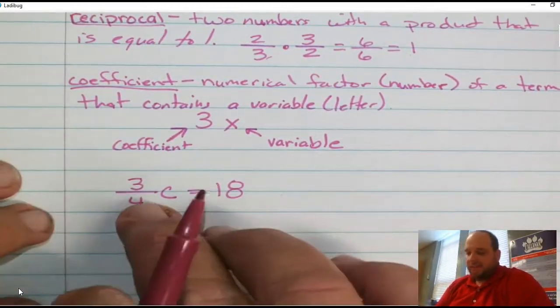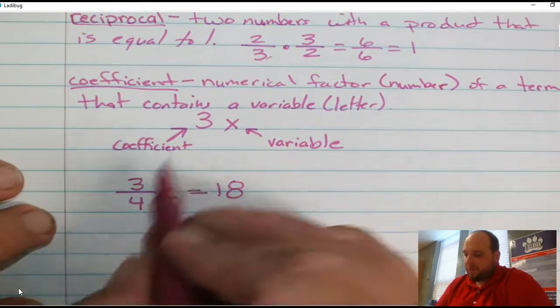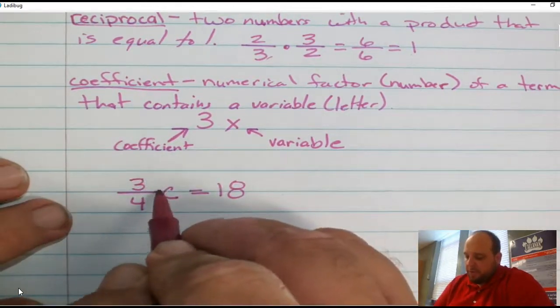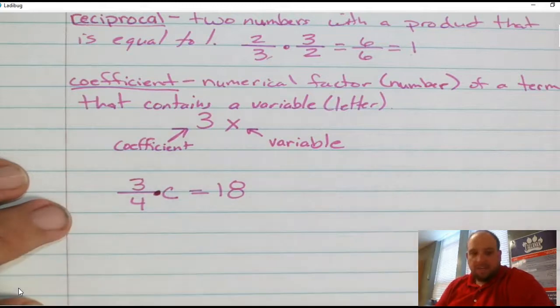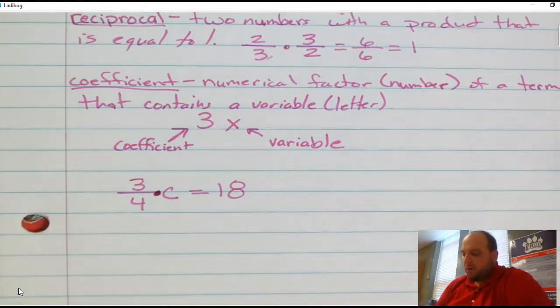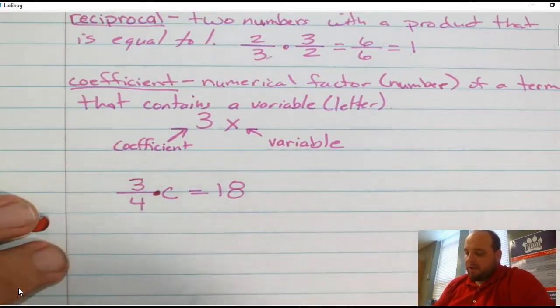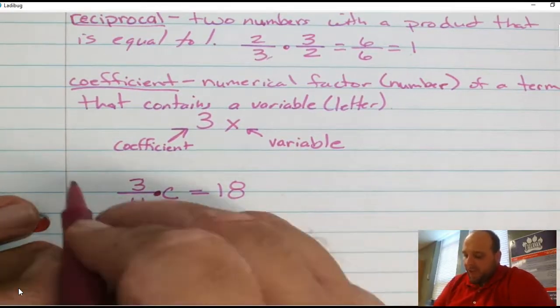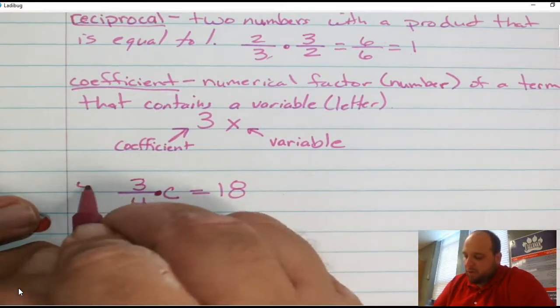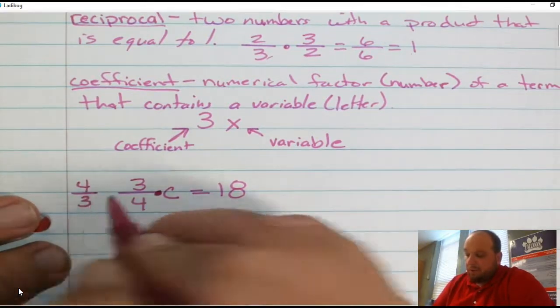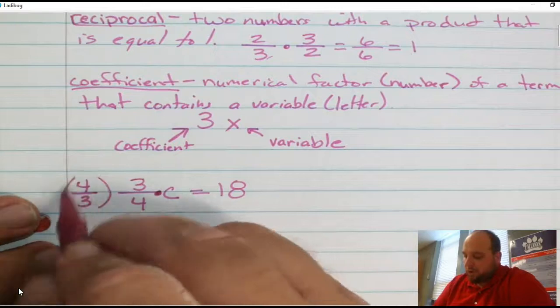The best way to do that is to get rid of whatever's happening to the variable. In this case, 3/4 is being multiplied by c. I could divide by 3/4, but that would make dividing by fractions a little messy. So instead of dividing by 3/4, I multiply by the reciprocal of that fraction, which is 4/3.